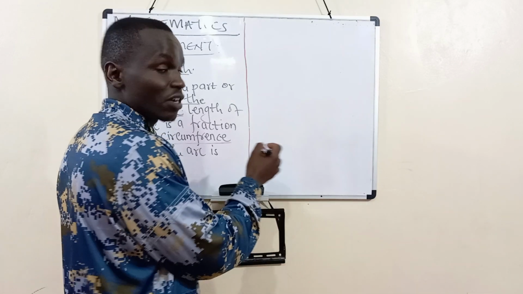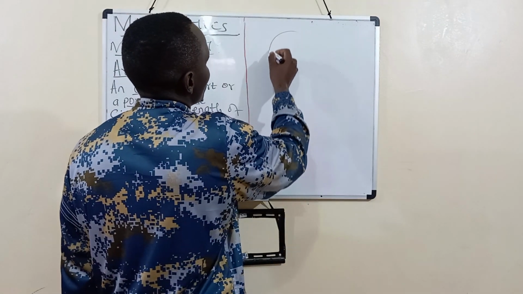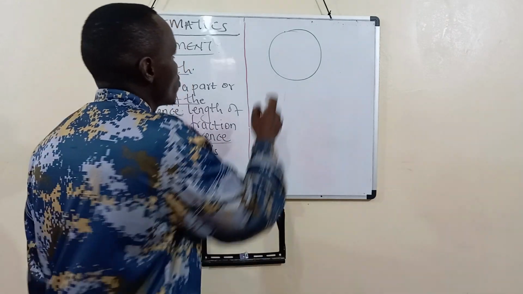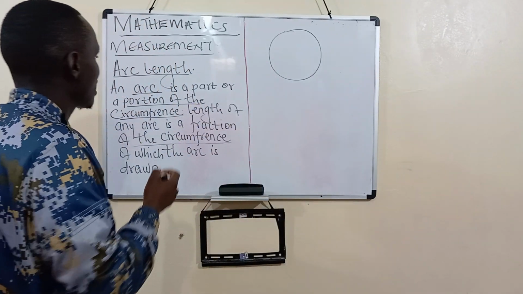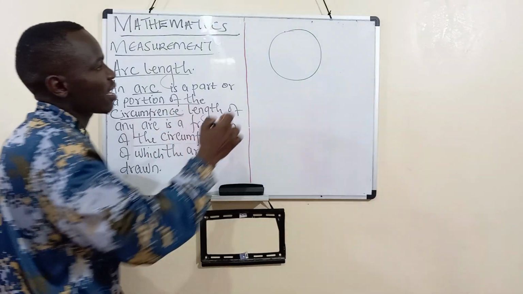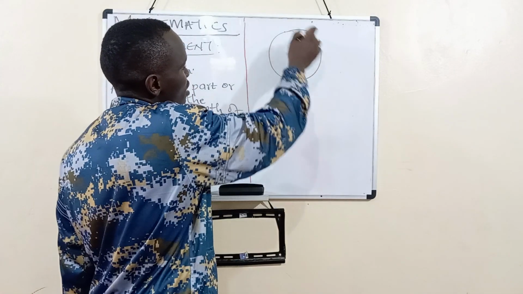What do I mean? For example, we have a circle here. When we talk about an arc, we are saying an arc is a part or a portion of the circumference. The circumference is the distance round this circle.